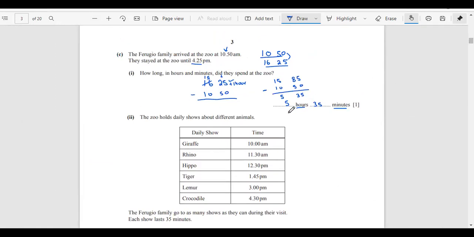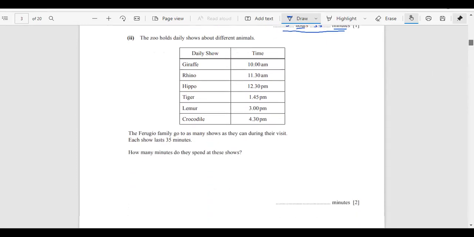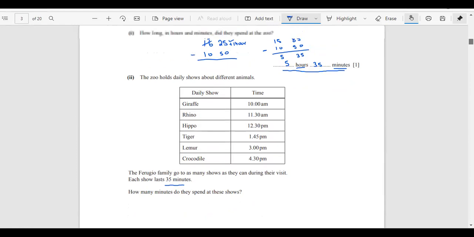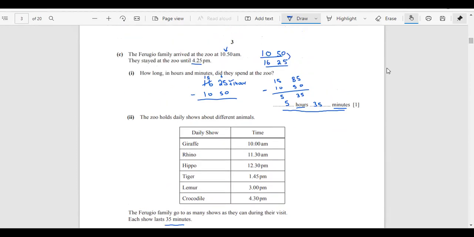Yes. This is the total time they spent at the zoo, 5 hours and 35 minutes. Okay. And each show lasts for 35 minutes. So, how many minutes do they spend at these shows? So they arrived at 10:50, okay?